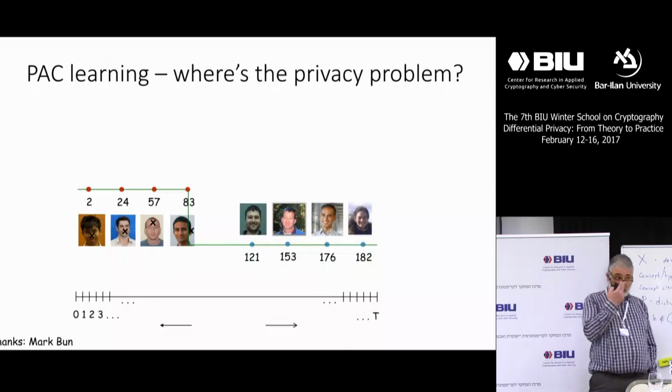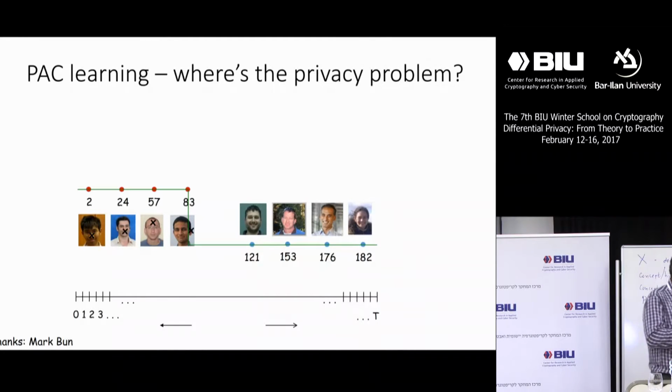So let's return to our problem. Do we have a privacy issue? And I think hopefully Vitaly convinced you to some extent that there could be a privacy issue here, that the hypothesis or model that we output could include information about individuals in the data, or at least could allow deciding whether an individual contributed his data to the learning process or not.